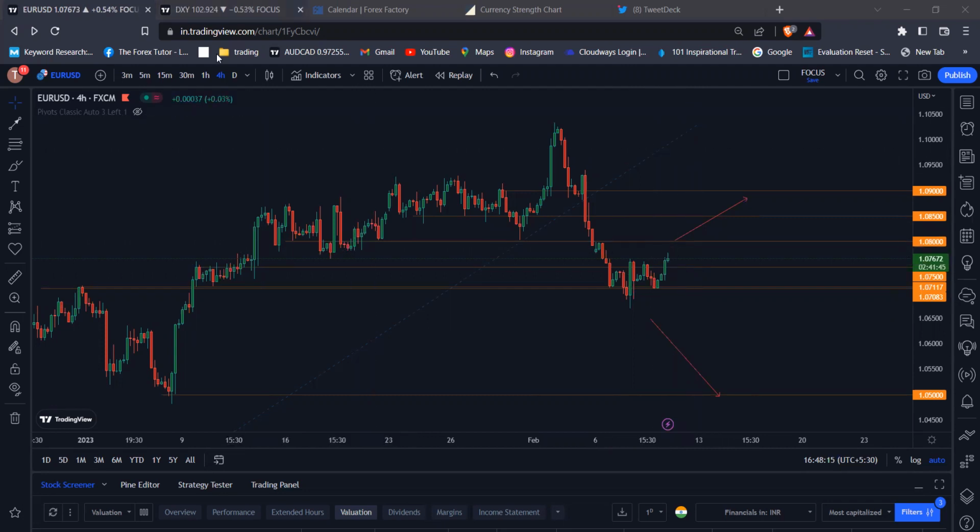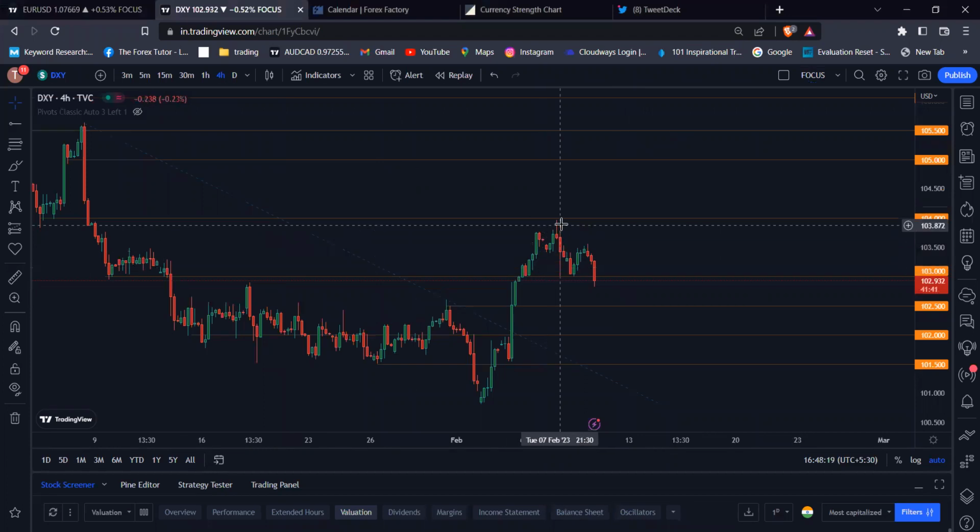If you look at the dollar index right now, the dollar index did not break above the 104.00 psychological number. It retested this level and then moved downwards to the 103.00 psychological number. And in this London session today, the dollar index broke below the 103.00 psychological number.